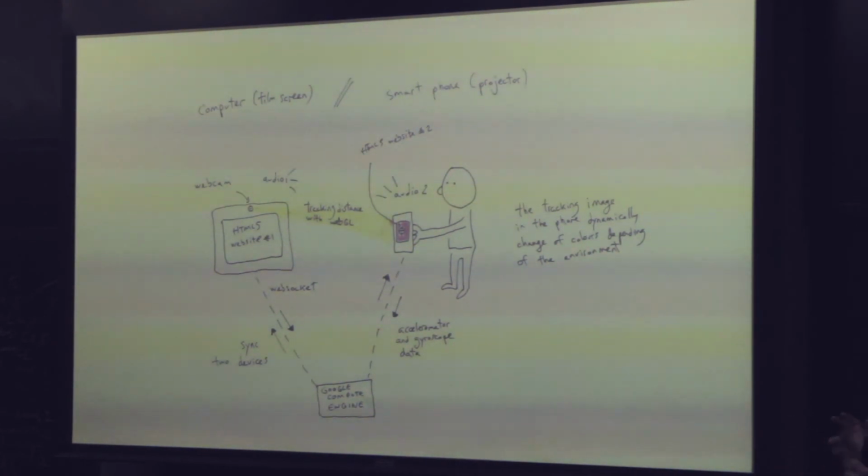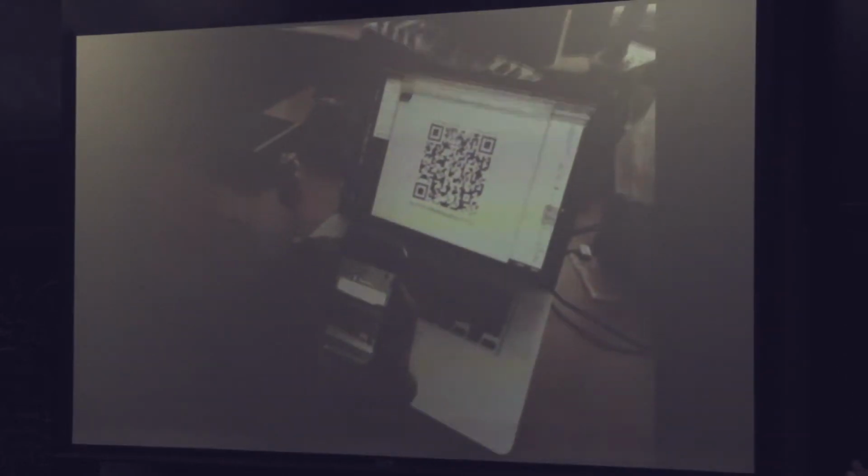So by combining the data from the phone, the gyroscope, you know if it tilts, and through the webcam you know if it's close or far. This is Edouard doing a first test of just mimicking the gyroscope data, but then you don't know where it is in space.